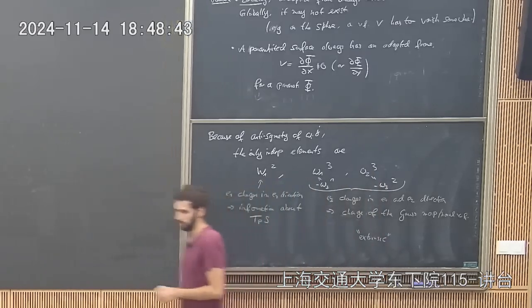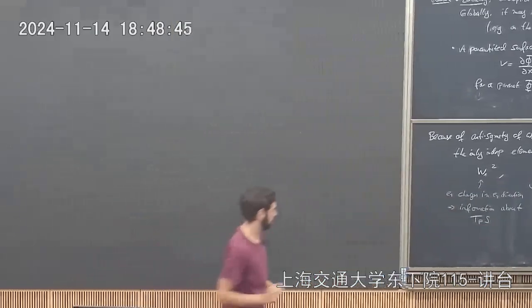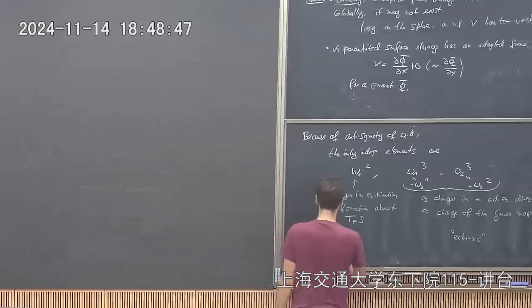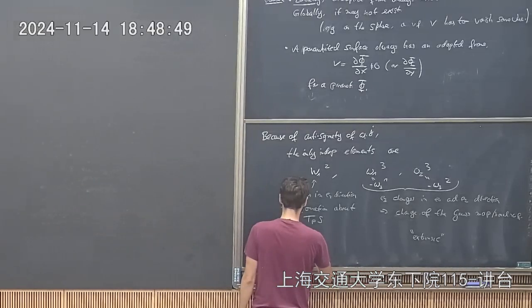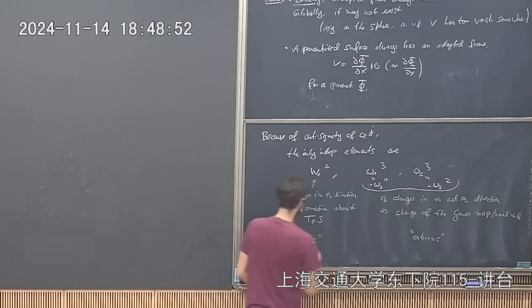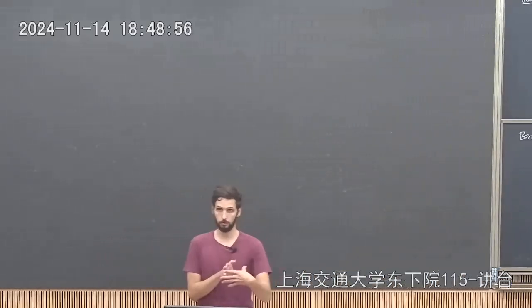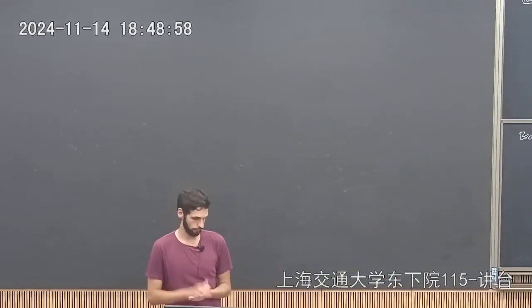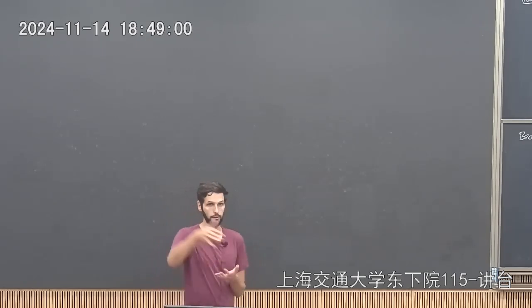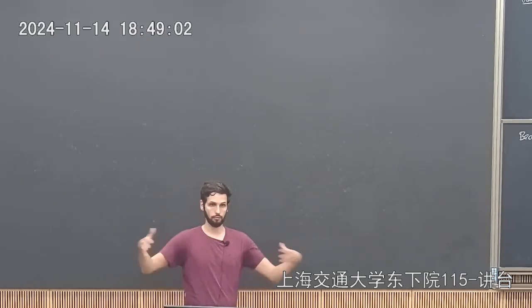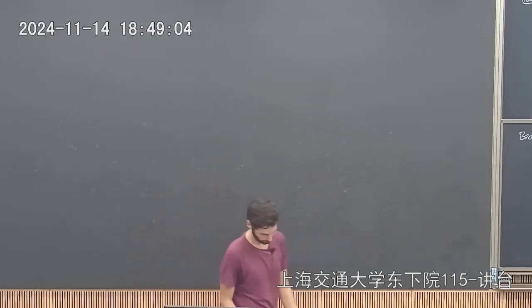This is extrinsic, and this one is intrinsic. Intrinsic means special to the surface, where you only need the surface in itself without needing to worry about its interaction with the surrounding space.